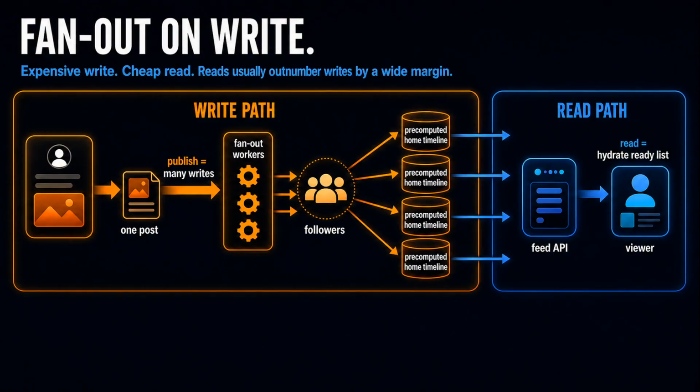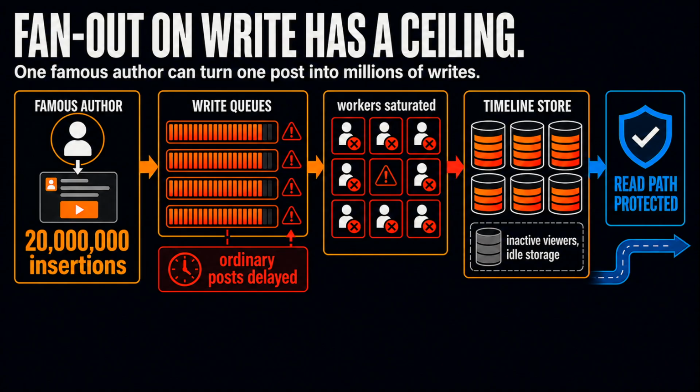And it is powerful because reads outnumber writes by a wide margin. Most users open and scroll far more often than they publish. But fan out on write has a ceiling. A normal author with 500 followers creates 500 downstream insertions. Fine. A public account with 20 million followers creates 20 million insertions per post.